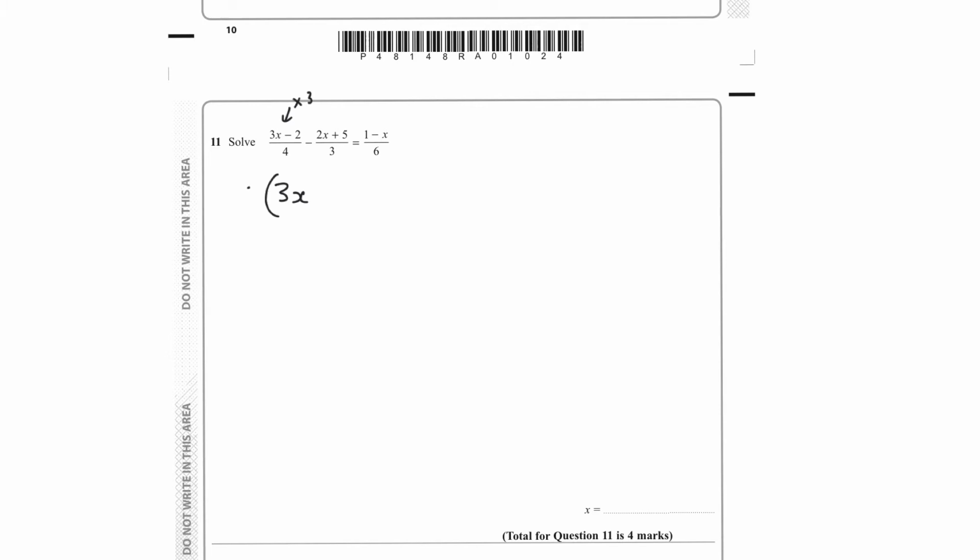So that would be 3 times 3x minus 2, and then your denominator will be multiplied by 3. And we're going to multiply the whole other fraction by 4. So it would be 4 times the 2x plus 5, and then 3 times 4. The whole point of doing that is now we have the denominators the same, because both of the denominators are now going to be 12.